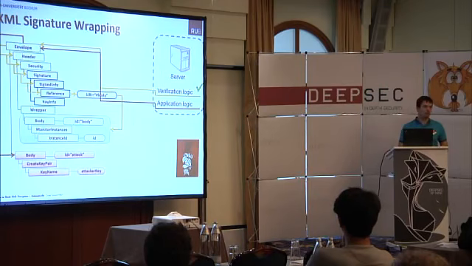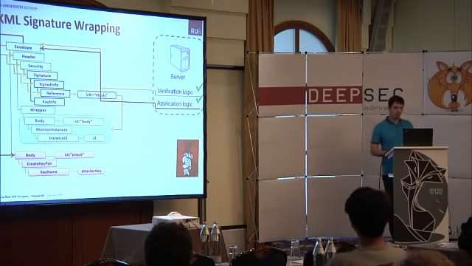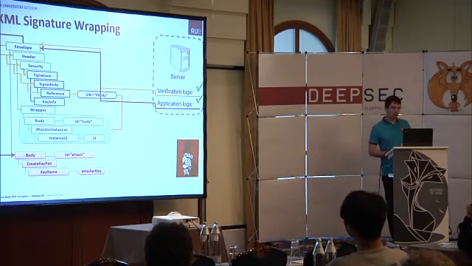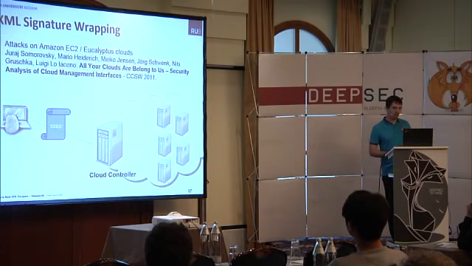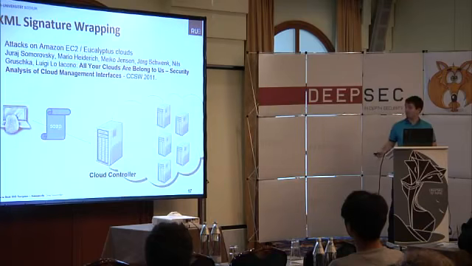This is the problem in signature wrapping. You could think this problem is very simple to overcome and to deploy some countermeasures, but there are many attacks in recent years that were published. A recent one was a problem in XML signature wrapping in Amazon interfaces. We showed in 2011 in our paper, All Your Clouds Are Belong to Us, that the attacker can invoke arbitrary functionality on the Amazon cloud.